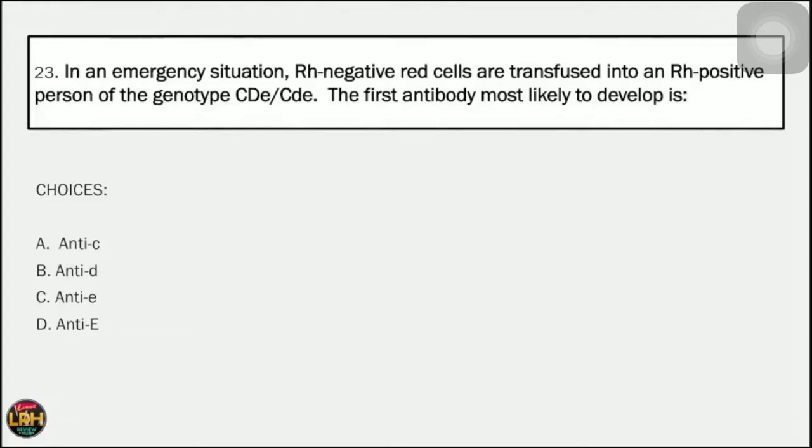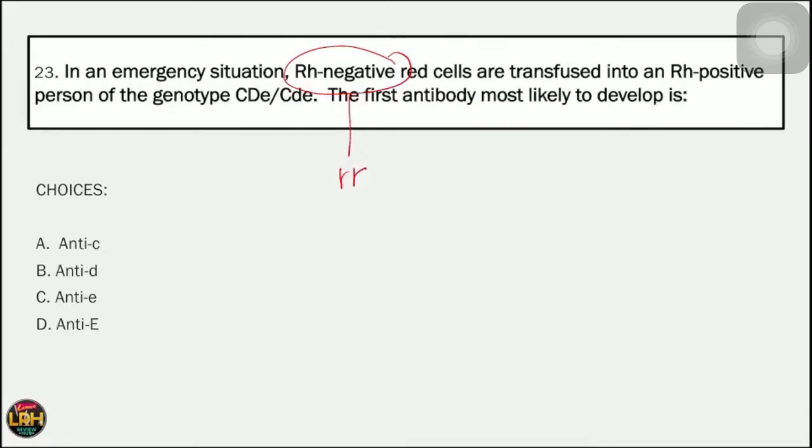Anti-small c, anti-small d, anti-small e, or anti-big E. So, the question indicates that the transfused red blood cell is Rh negative. For an Rh negative individual, its genotype is commonly attributed to small r.